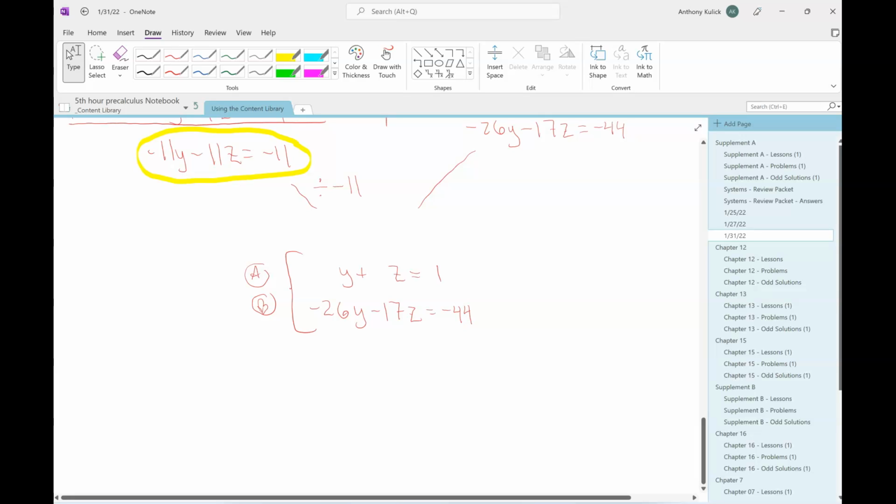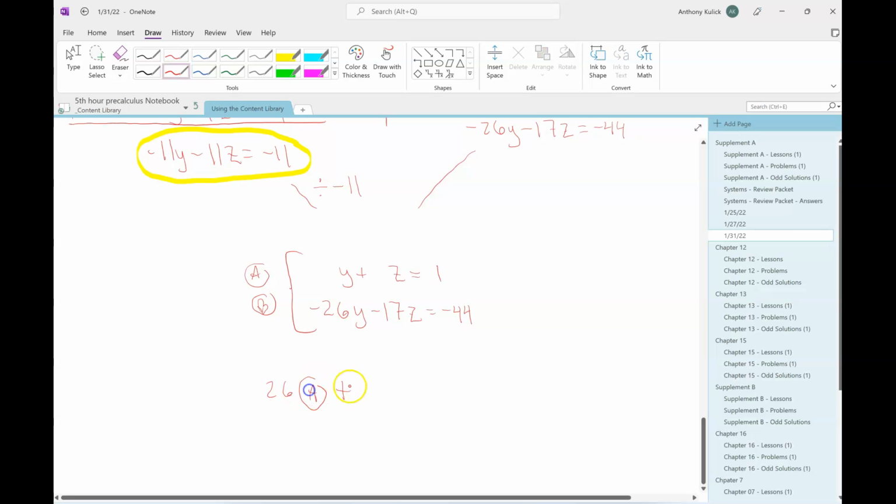That doesn't happen too often, but when it does, like here, it makes the elimination at the next step quite a bit easier. So it doesn't really matter whether you eliminate the y's or z's. Let's just choose to eliminate the y's.